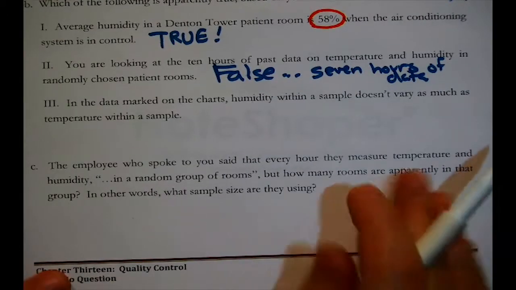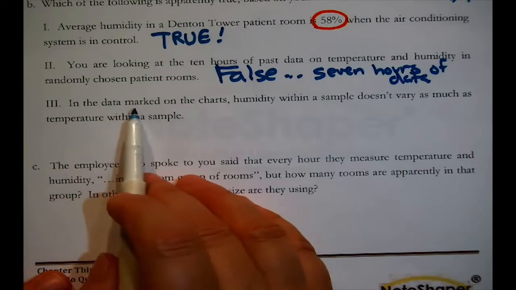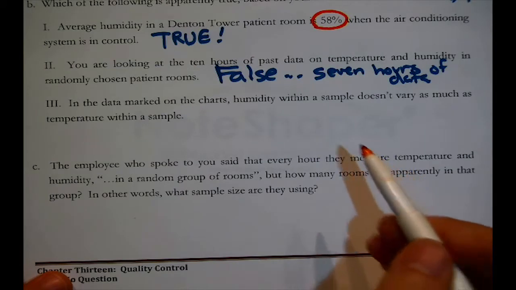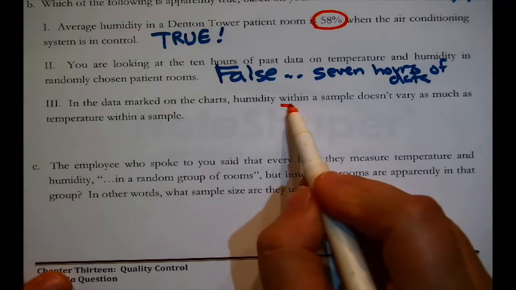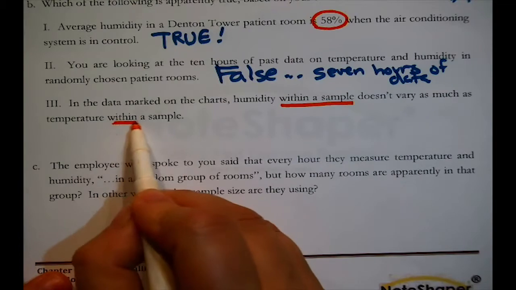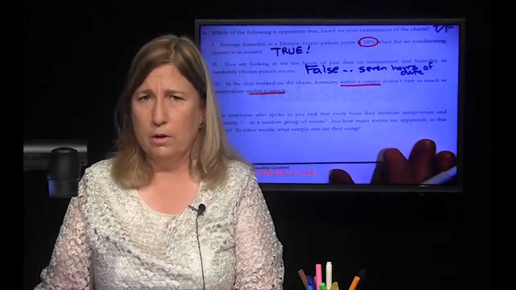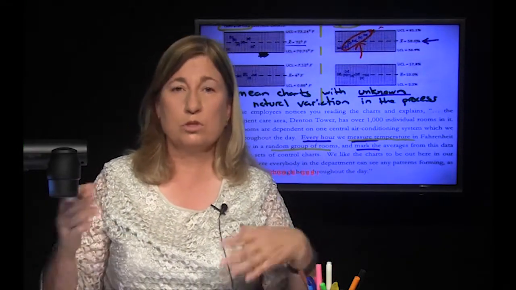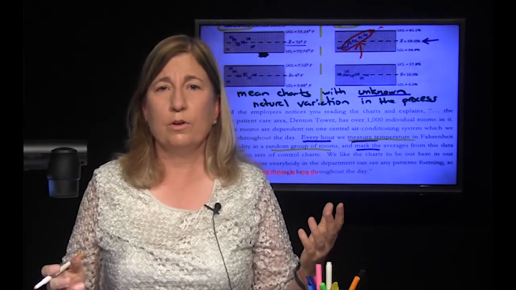Okay, 3. In the data marked on the charts, humidity within a sample doesn't vary as much as temperature within a sample. The key there is within a sample. So how am I supposed to know how much temperature or humidity was varying within a sample?